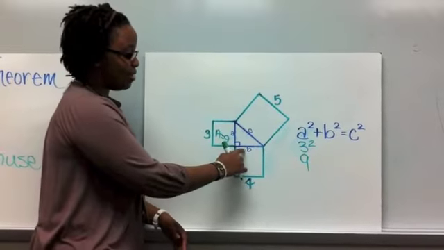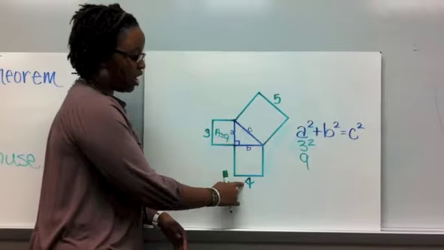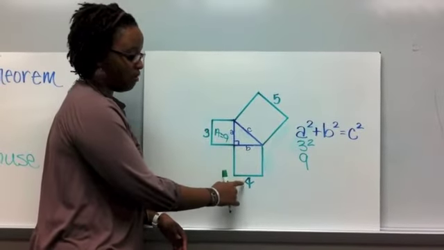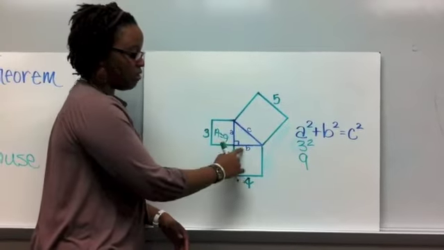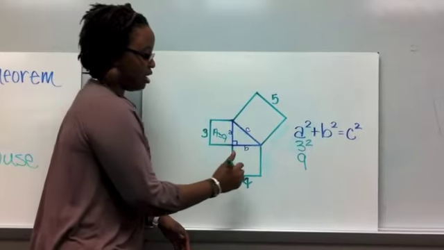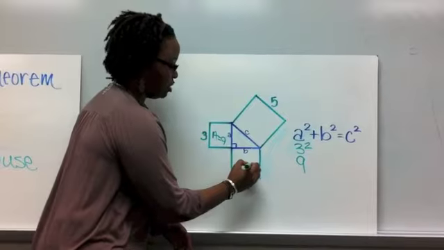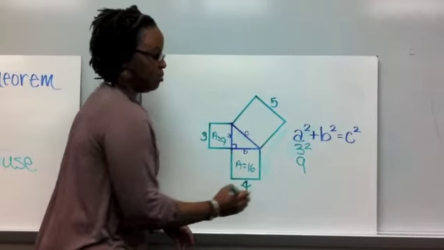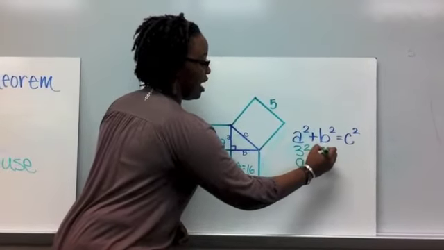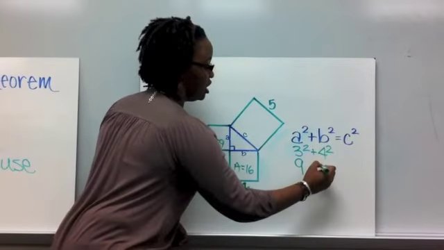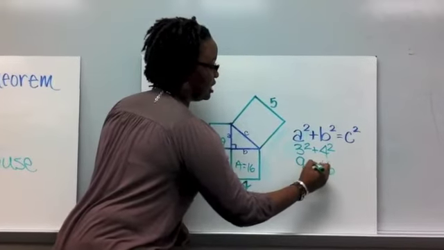When I look at side B, the square that's formed off that side is 4. And so if I want the area of this square, I would do 4 squared, or 4 times 4, which gives me 16. So for b squared, I have 4 squared, which equals 16.